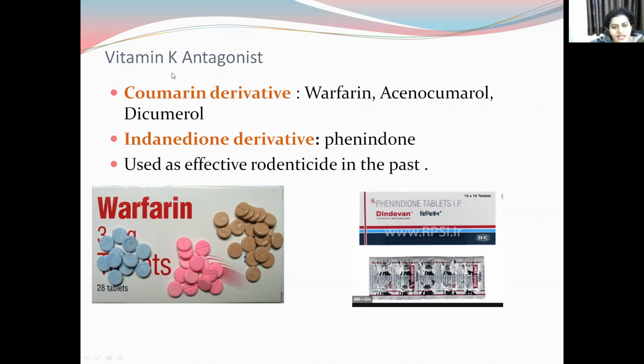Then the next oral anticoagulant is the vitamin K antagonist, which includes two subclasses, that is coumarin derivatives and indanedione derivatives. Coumarin derivatives include warfarin, acenocoumarol and dicumarol. Indanedione derivatives include phenindione. It was used as an effective rodenticide in the past.